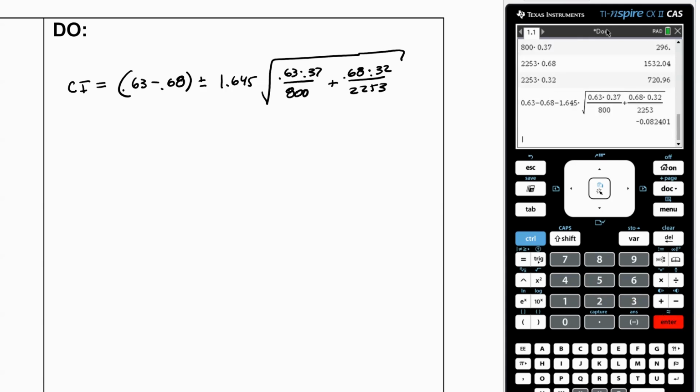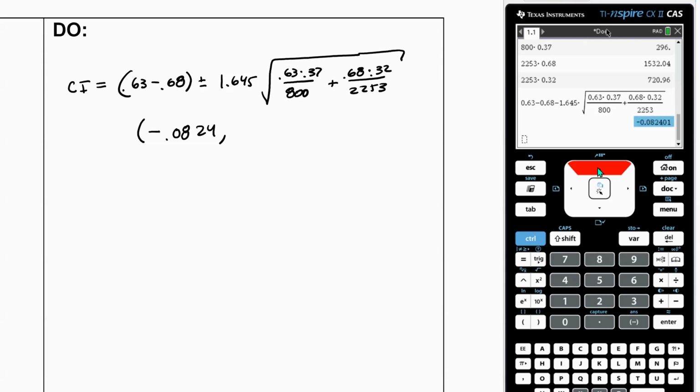Our lower bound for our confidence interval is negative 0.0824. Now, are you concerned that it's negative? I'm not, because I knew that there were fewer teens than adults in this particular survey.